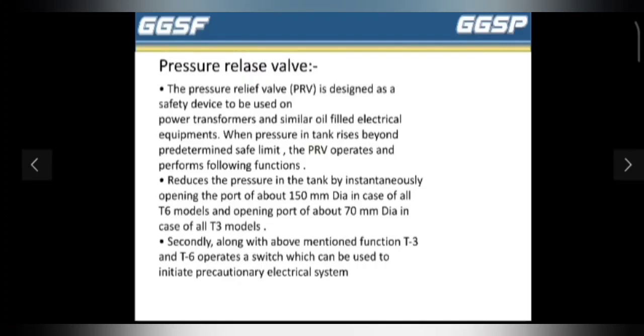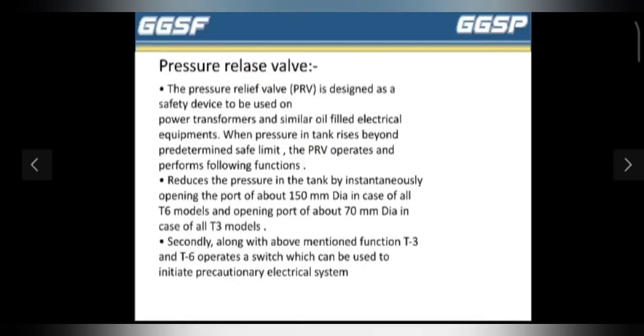It reduces the pressure in tank by instantaneously opening a port of 150 mm diameter in case of T6 models and a port of 70 mm diameter in case of T3 models.